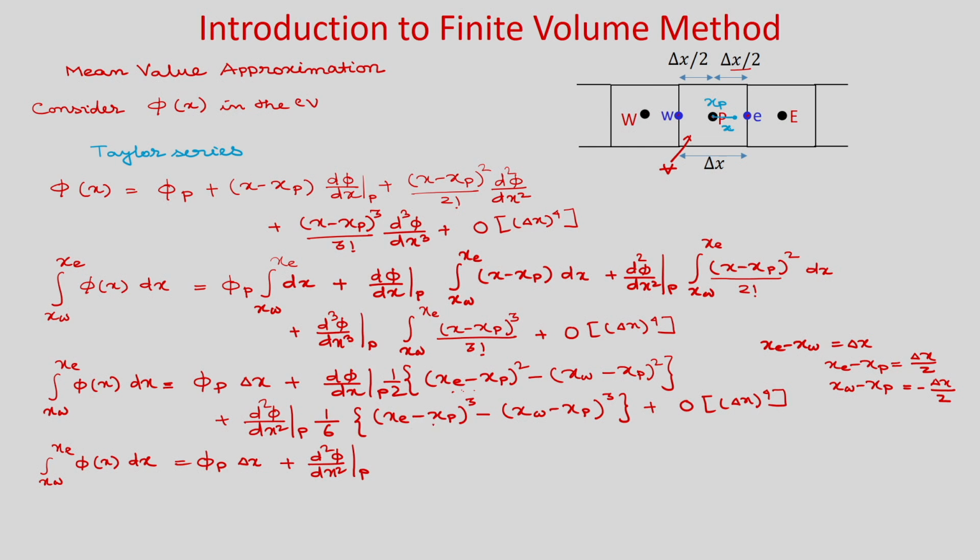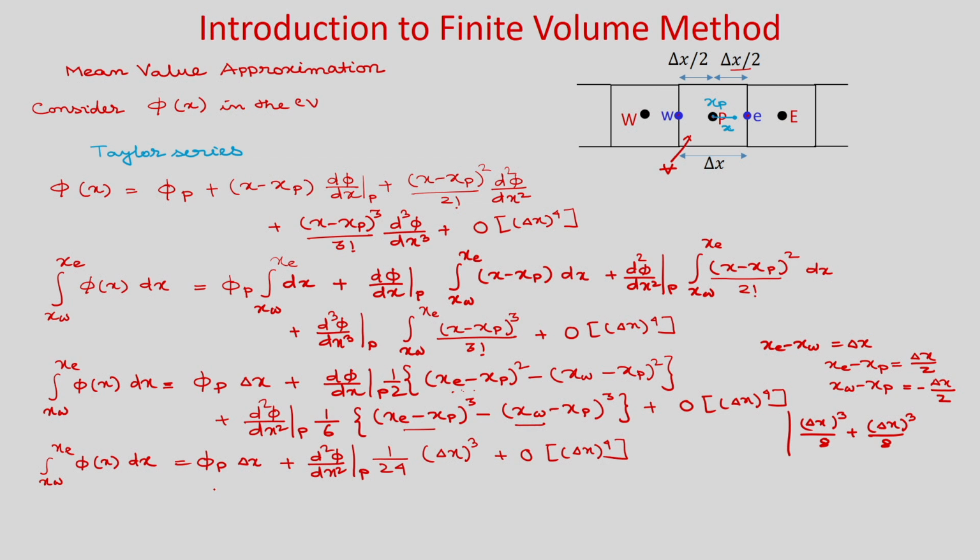So, now you can see this is your delta x cube by 8 and this is minus minus plus. So, this will be delta x cube by 8, okay. So, it will be 2. So, these two terms will be 2 delta x cube by 8, that means delta x cube by 4. And 4 into 6. So, it will be 1 by 24 delta x cube, okay, plus order of delta x to the power 4.